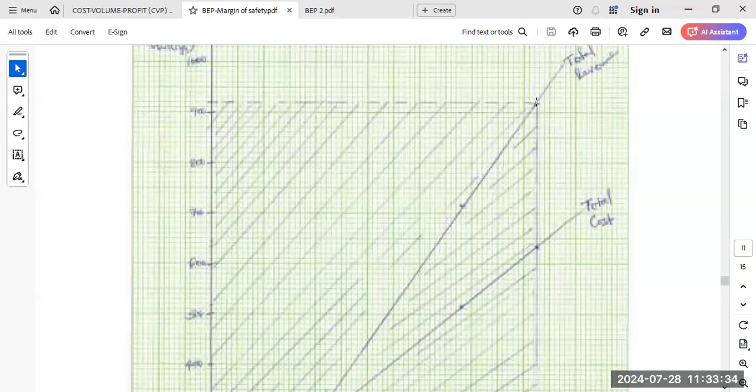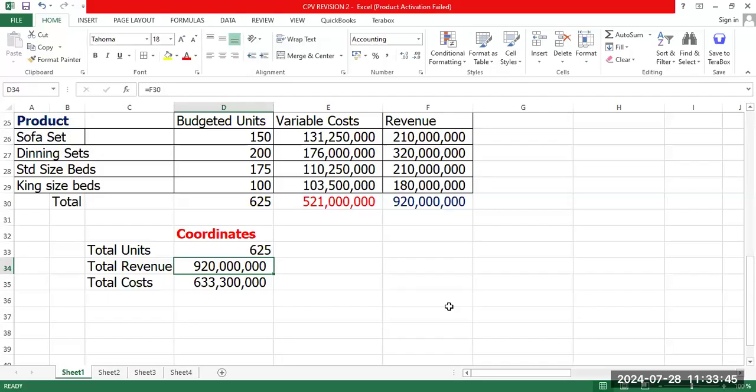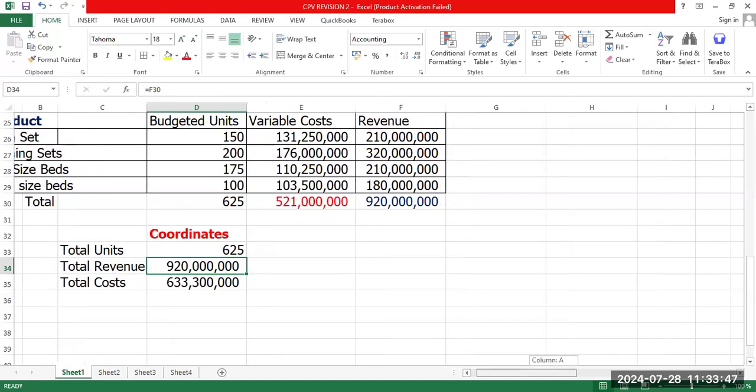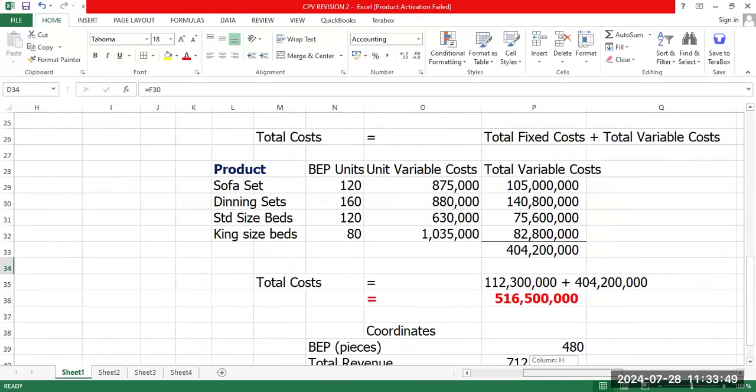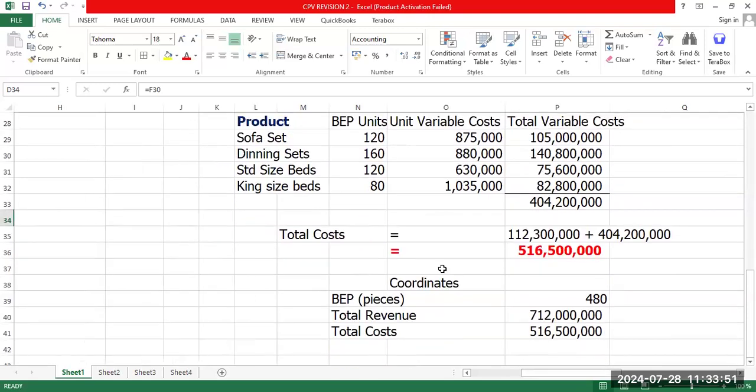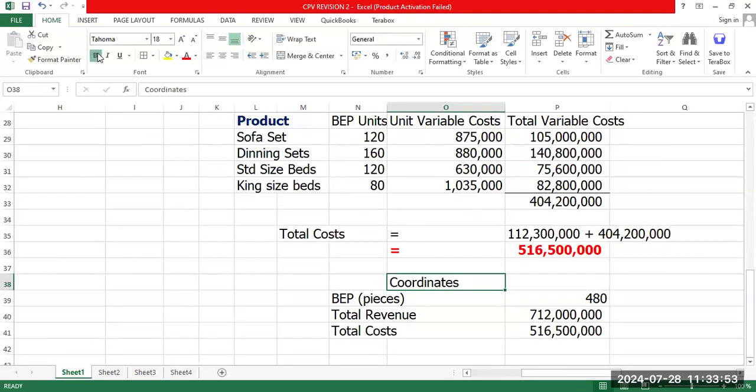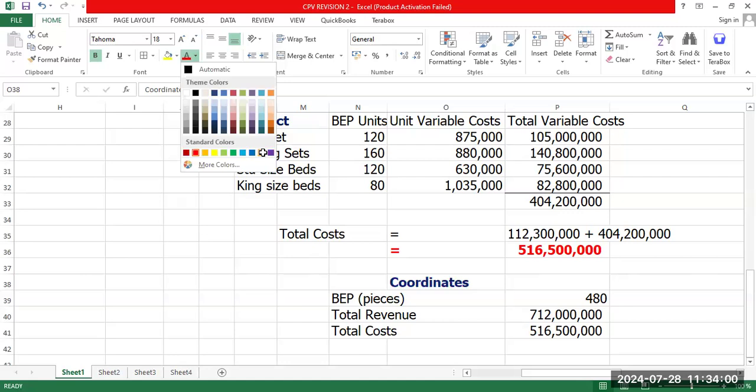Once you put the arc there, the next is to look at your actuals. Your actuals are here, the information related to the break-even point. These are your coordinates. What do you need?